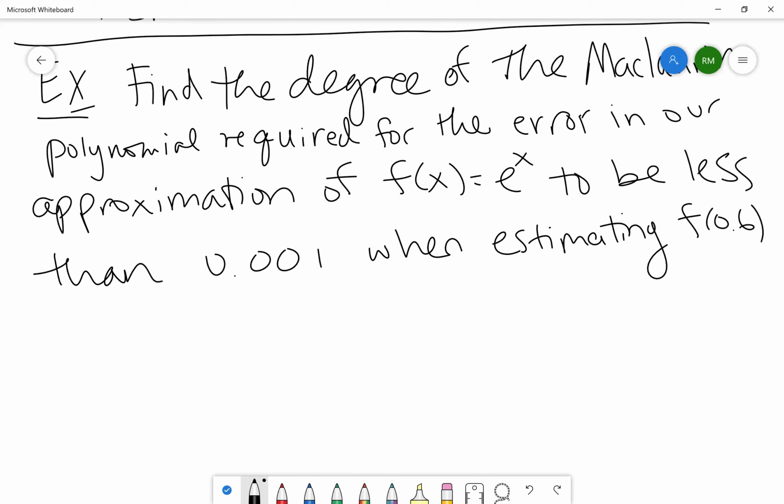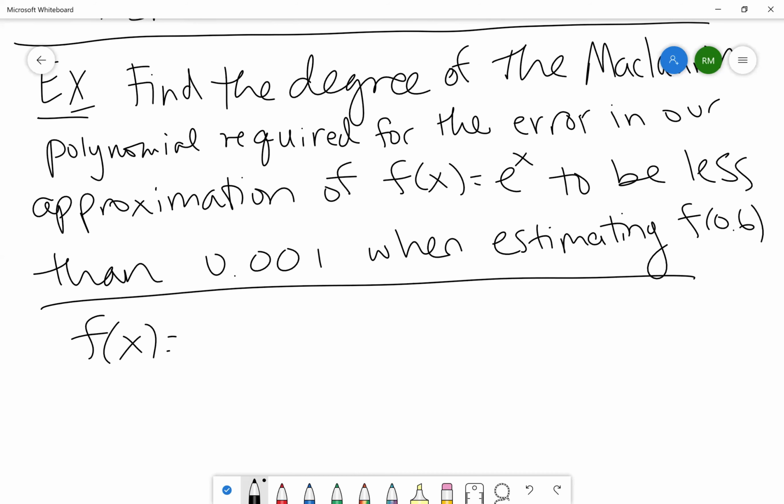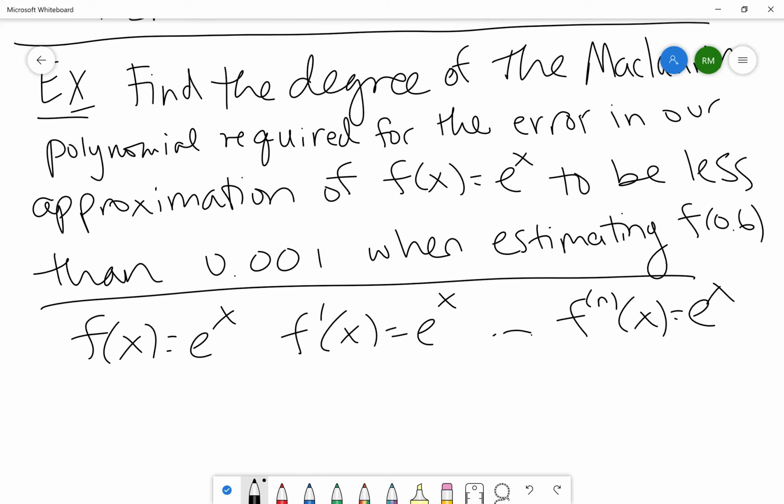Okay, so what do we know? We know that f of x is e to the x, f prime of x is e to the x, and in fact, every derivative is equal to e to the x. That's helpful.